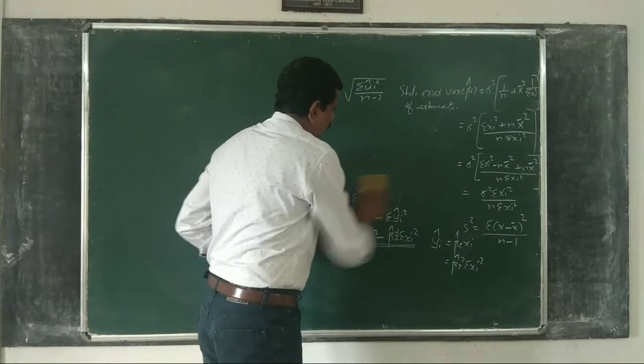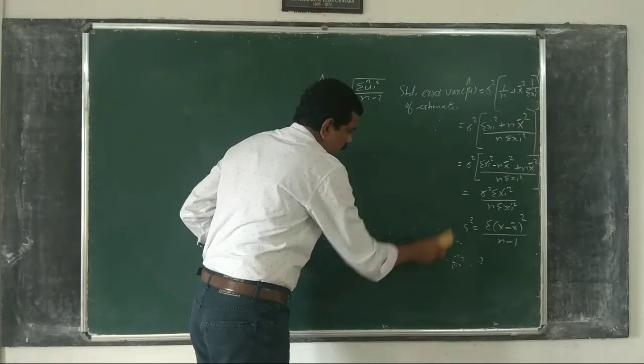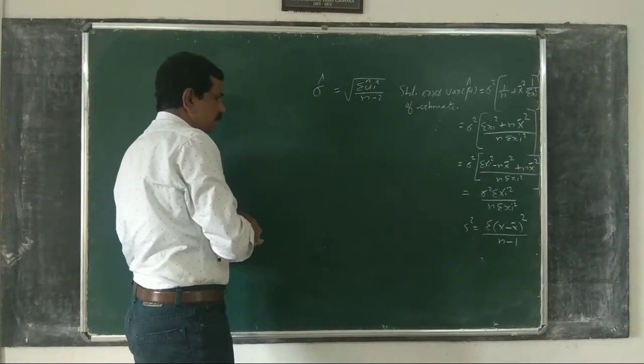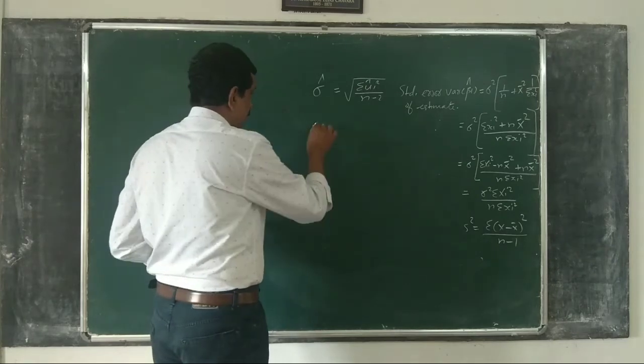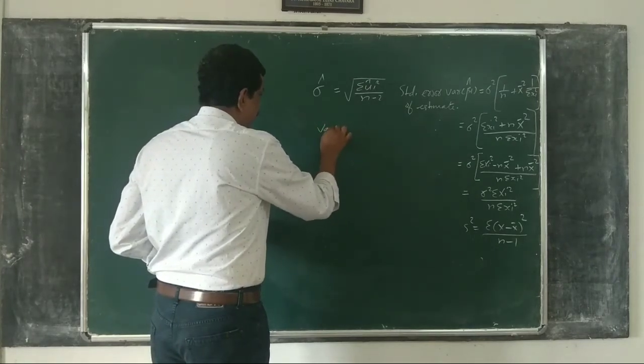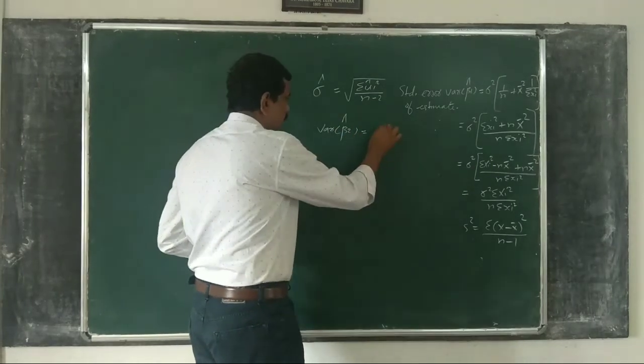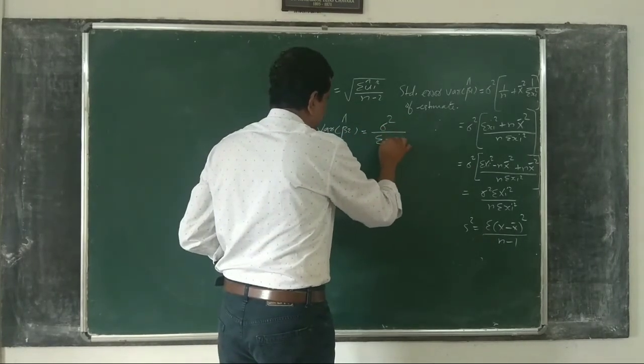Now, from the definition of the variances and standard errors of the estimates, consider these points. Variance of beta 2 hat is equal to sigma square by sigma xi square.